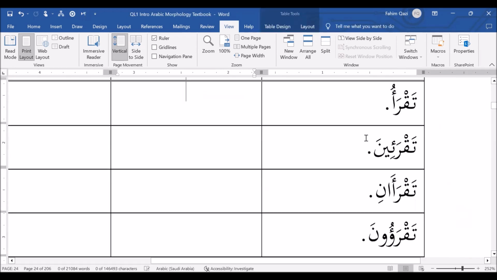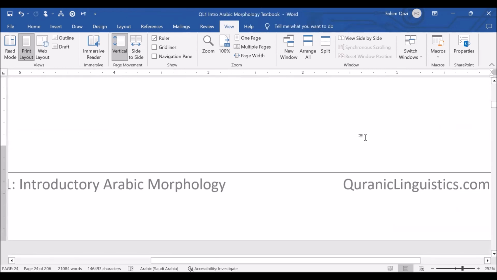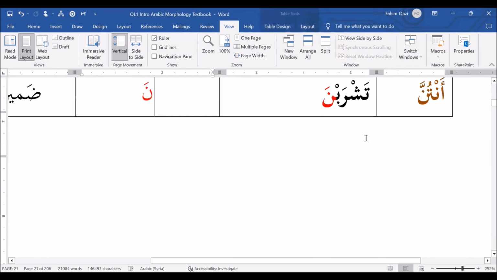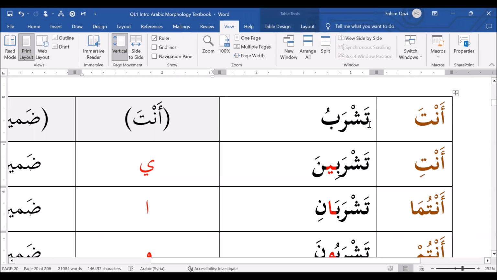Let's go to mudari to better compare and see how al-amr is extracted from mudari. This is mudari tashrabu for anta. What would the amr be? The amr is ishrab. You put that alif there in the beginning, you delete the ta. So let me do it this way.